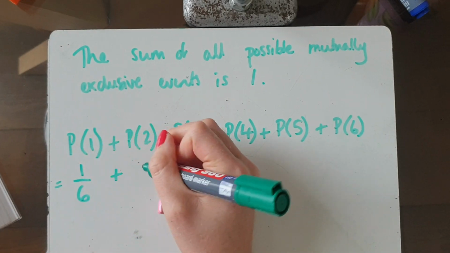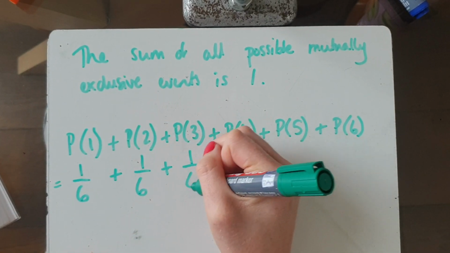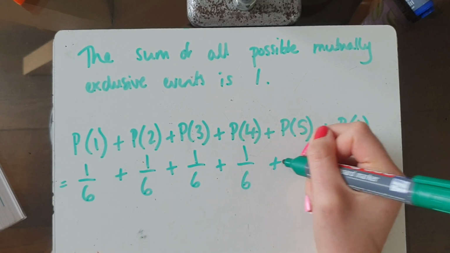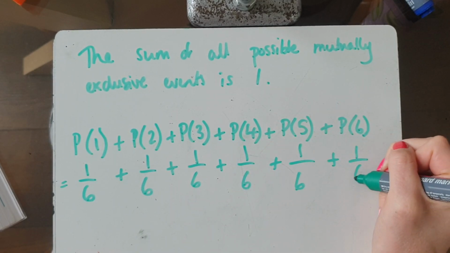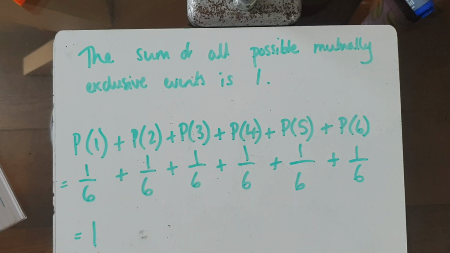So that would be a 6th plus a 6th plus a 6th for all of these, and that would add up to 1. Copy that down as well, please.